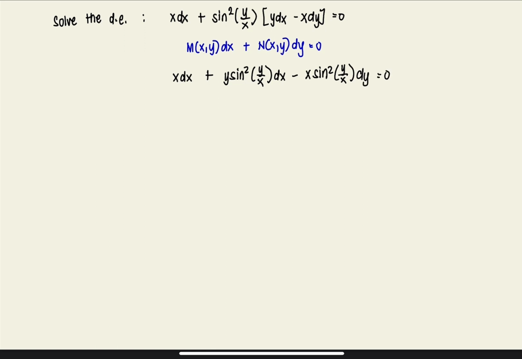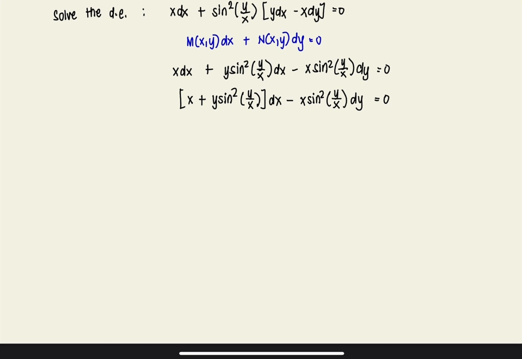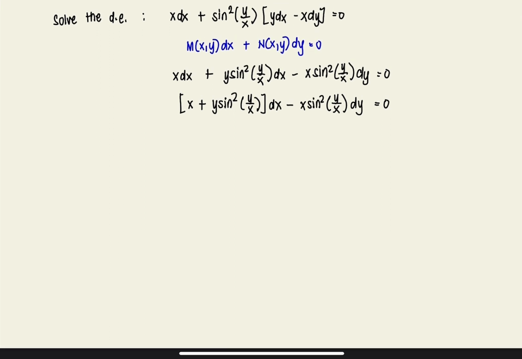So factoring out dx here, we have x plus y sine squared y over x dx minus x sine squared of y over x dy equals 0. And looking at this, obviously it's not a separable differential equation. And by inspection, we can see that both M and N are of the first degree, so we can say that this differential equation is a homogeneous differential equation.